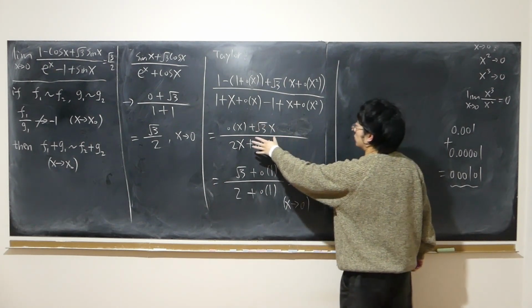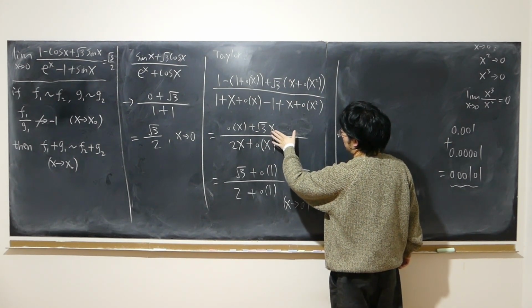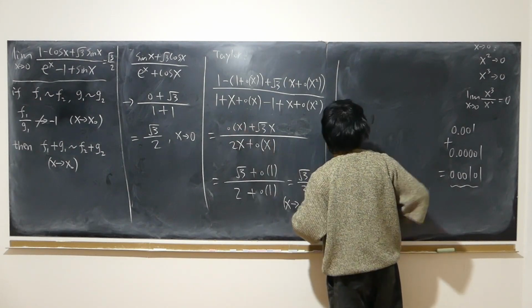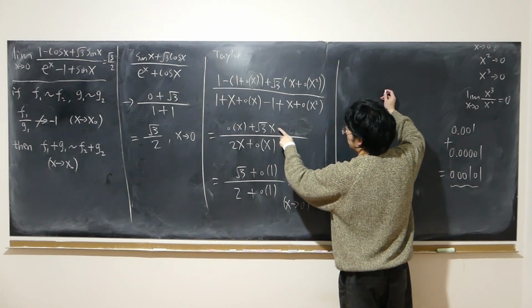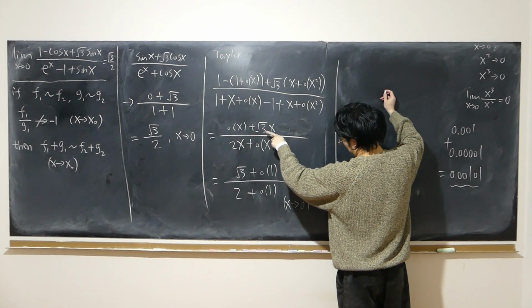In this case, what speed is it? We have square root of 3 times x plus little o of x. So it seems like the speed is exactly square root of 3 times x.